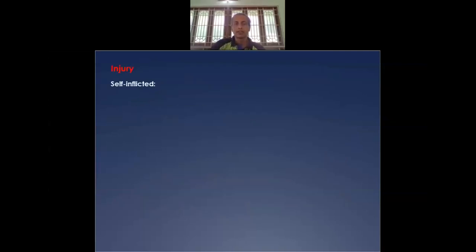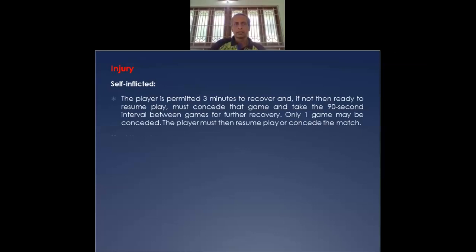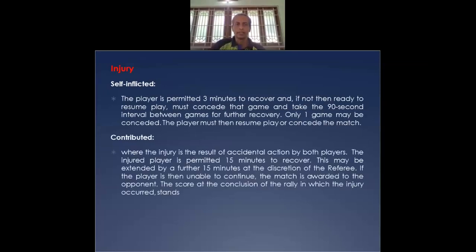Next is injury. Injury is classified into three: self-inflicted, contributed, and opponent inflicted. Self-inflicted is caused by one's own action. I fall down, I twist my ankle, then I inflict it on myself.